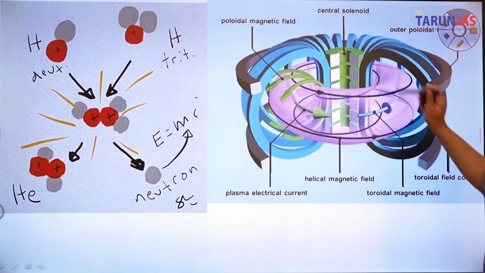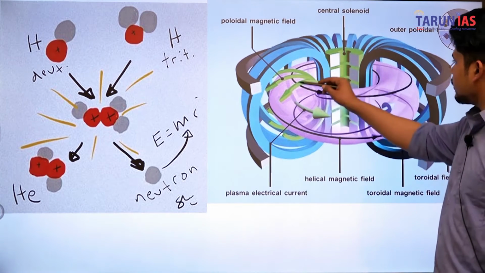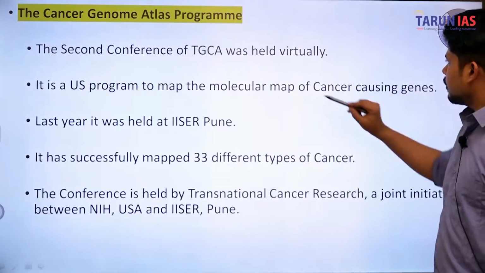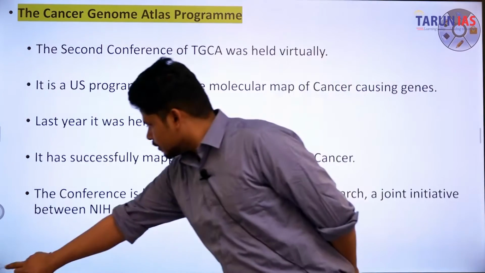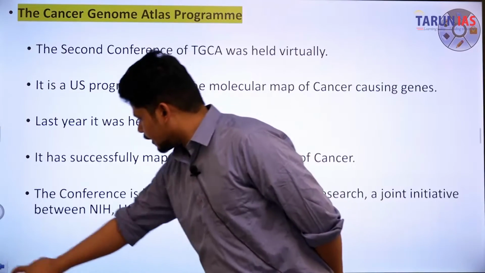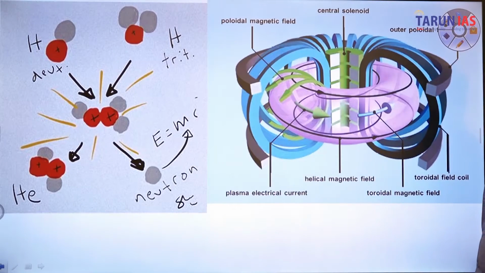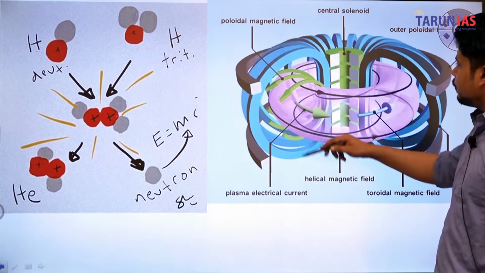This is tokamak technology, the kind of nuclear reactor we are talking about. This is the toroid, as I told you, this whole thing. Okay? It's not important from exam point of view, but it's good that we have an understanding of what things are and how things are going to happen. Okay? This is a strong magnetic field.